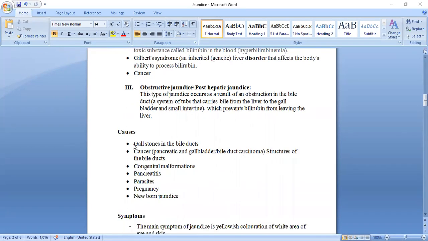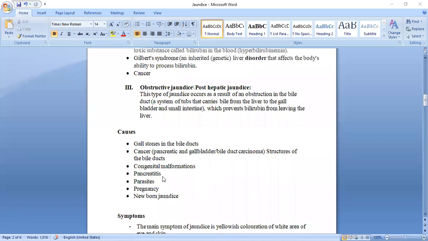What are the causes? Gallstones in the bile duct, cancer, pancreatic or gallbladder or bile duct carcinoma, strictures of the bile duct. Congenital malformations: sometimes, by birth only, there is an obstruction.